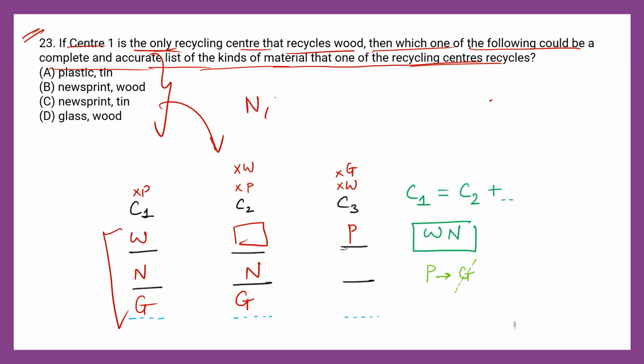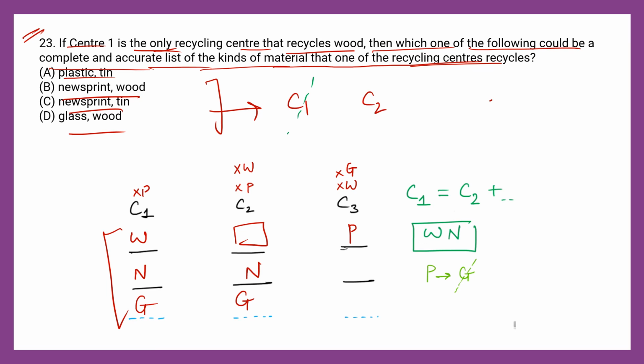Because C2 has N and G. Do you see N and G in here? No option gives you N and G, right? This means that none of the options represents C1, and none of the options represents C2, which means that the only possibility is that it could represent C3, okay?